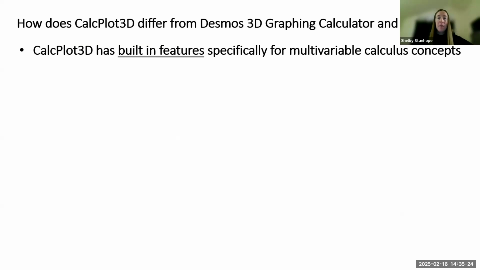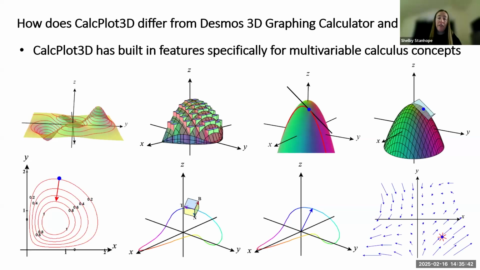I just want to take a moment to acknowledge some of the differences between CalcPlot3D and other free 3-dimensional graphers. For example, some commonly known ones are the Desmos 3D graphing applet and GeoGebra. One of the primary differences is that CalcPlot3D has built-in features specifically for the teaching and learning of multivariable calculus.